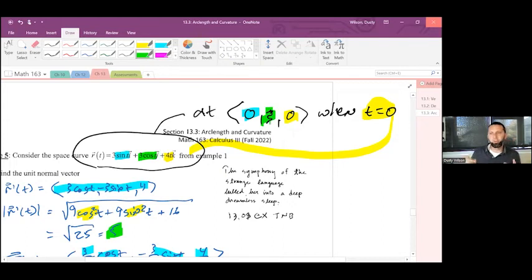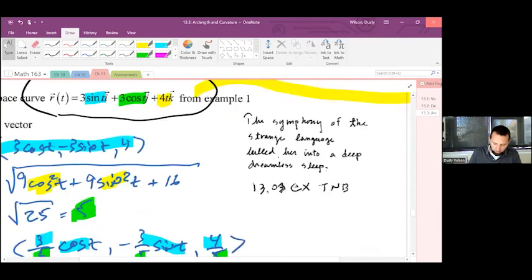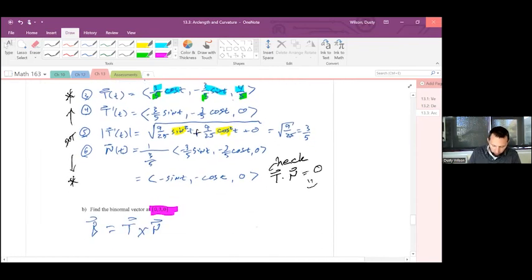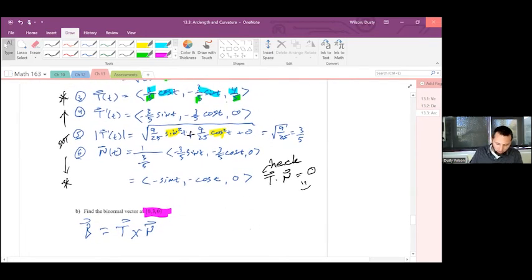So in all three cases, if time is equal to 0, everything is going to match really nicely. All right, back on track. We know that time equals 0. We're looking for the binormal vector, which is tangent times the normal, specifically when time equals 0, because time equals 0 is what matches the 0, 3, 0.